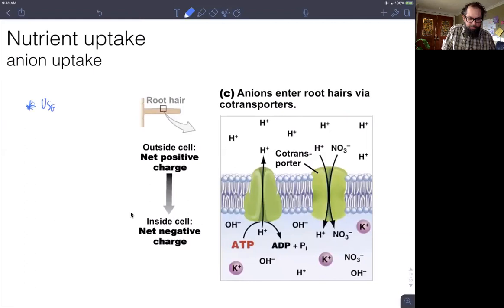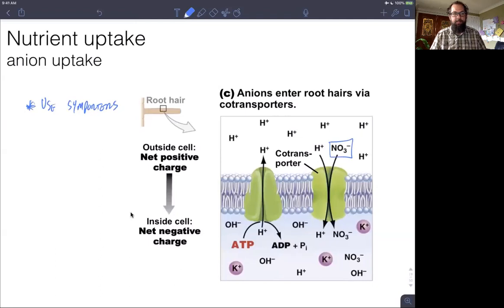So remember that symporters take advantage of the electrical gradient, the higher concentration of protons outside of the cell than inside of the cell. Those protons then flow back through the cotransporter, through the symporter, and they move the nitrates or the negative ions, those anions, with them.